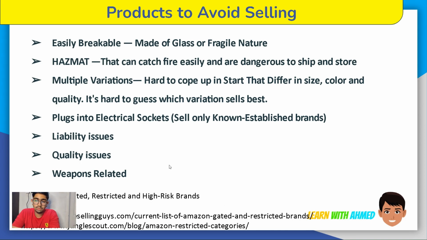We also avoid multiple variations as it is hard to cope with. Just like if you are trying to do a listing about clothing, and a shirt has around 10 colors and 4 to 5 sizes, it would be much harder for you to cope with, and you don't know exactly which variation actually gains the most sales of that whole listing.